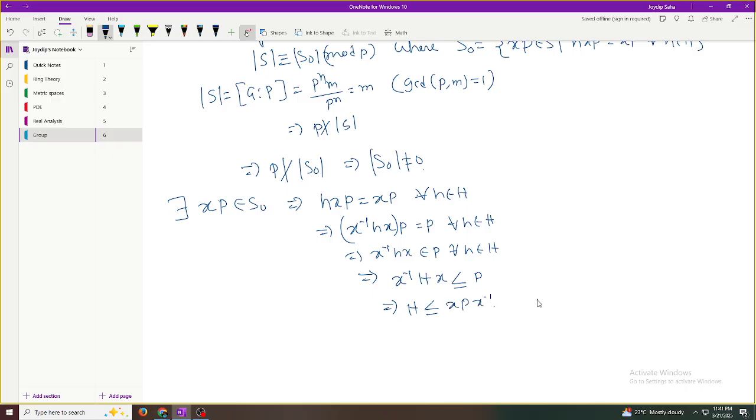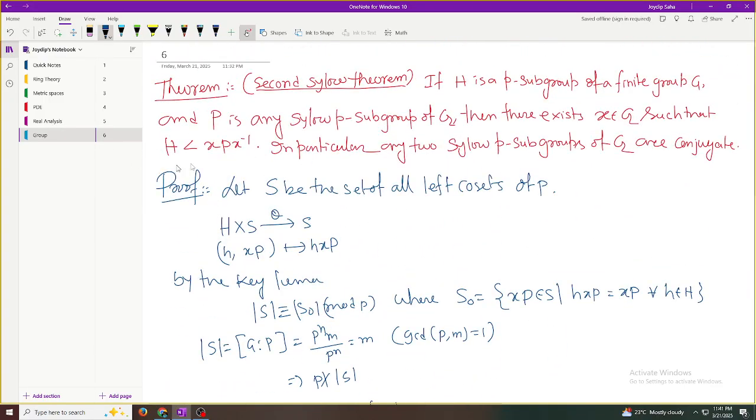Done. Proof is done. So in particular, if order of H is P to the power n, then they are equal because order of X P X inverse is also P to the power n.